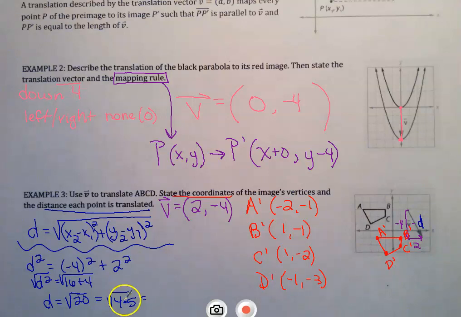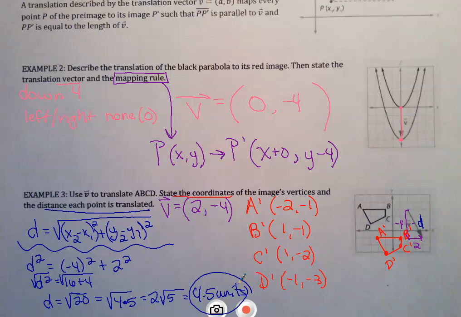Okay, so like if we look at it like this, which is helpful, we could take the square root of 4, which is 2. So then we have 2 on the outside, 2 times the square root of 5 here, which does equal 4.5 units. Interestingly enough. Okay, is our distance.